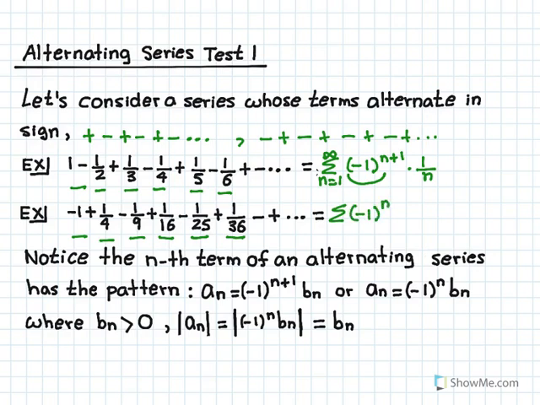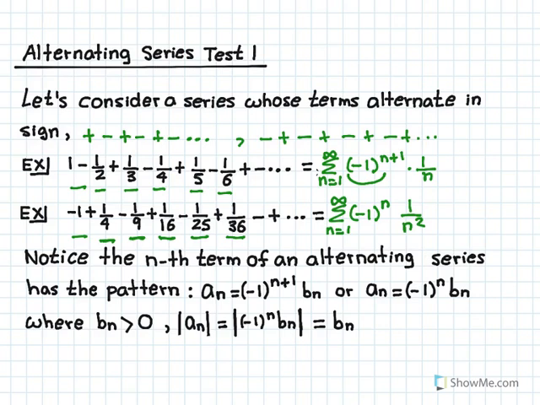If you plug in n equals 1, we get negative 1 to the power of 1. Negative 1 raised to an odd power is equal to minus 1. n is equal to 1 to infinity. Now notice the denominator. When we have 4, this is the same as 2 squared. 9 is the same as 3 squared. 16 is the same as 4 squared. So in the denominator, we should have 1 divided by n squared.